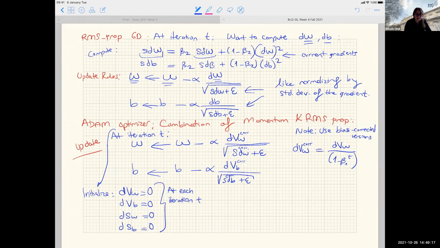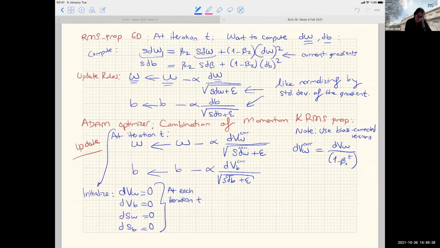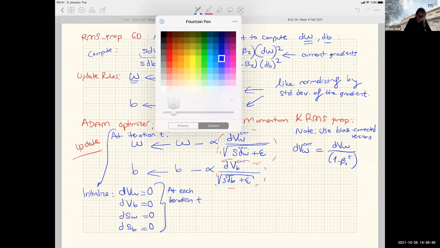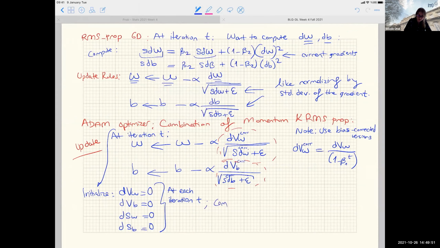And now you see I can compute dW, which is this full thing. The final dW, of course, is this here, and then dB is this. But at each iteration, we also compute the current gradients, dW and dB, with the current mini batch.